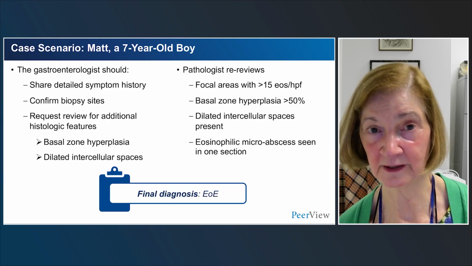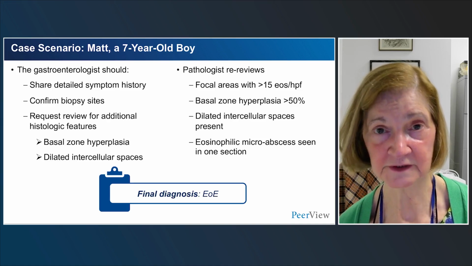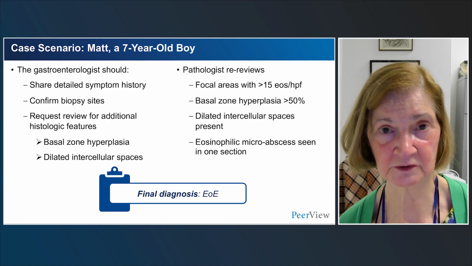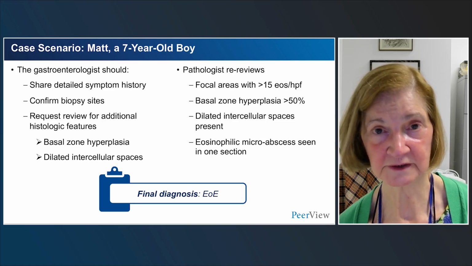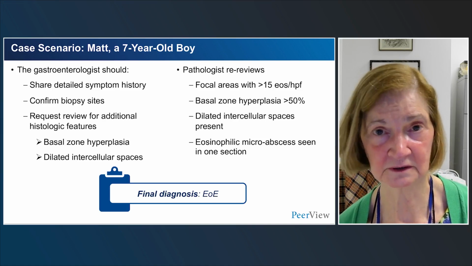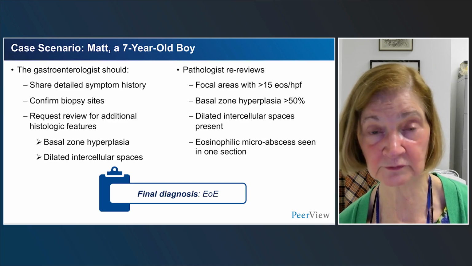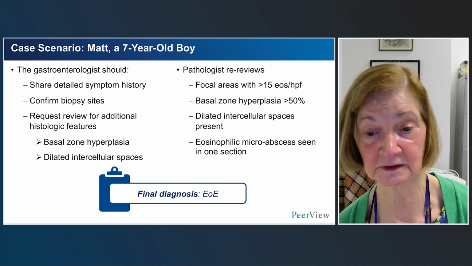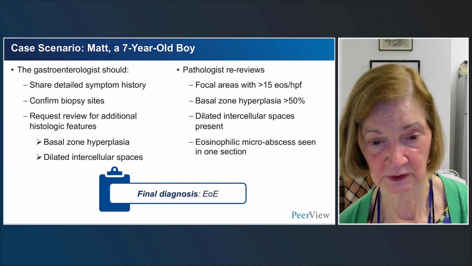Likely they will find what we're looking for, the pathologic part of the diagnosis of EoE. Basal zone hyperplasia that's affecting more than half of the epithelium in the biopsy. That's very significant. That suggests that it might have been ongoing for some time. It's potentially a sign of chronicity in the tissue.